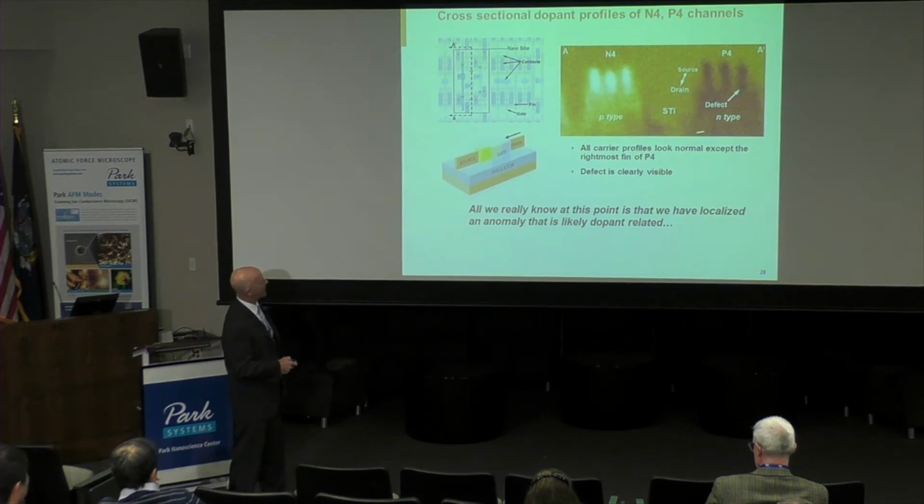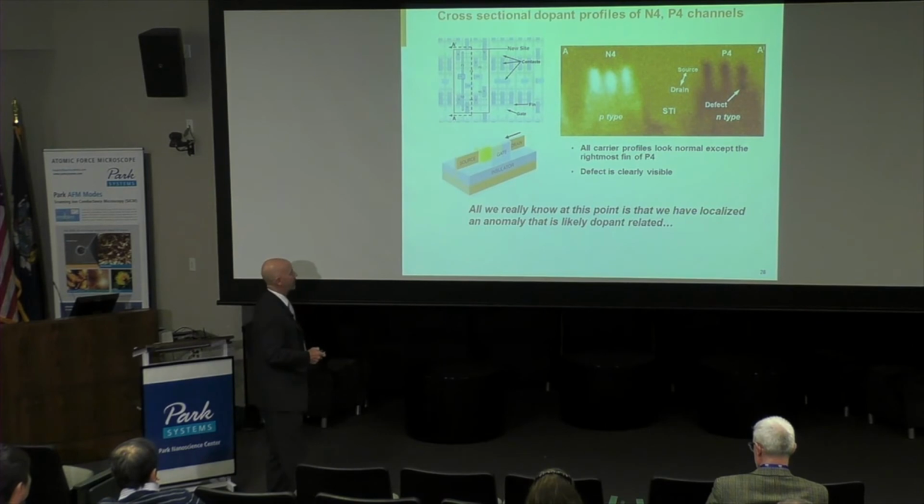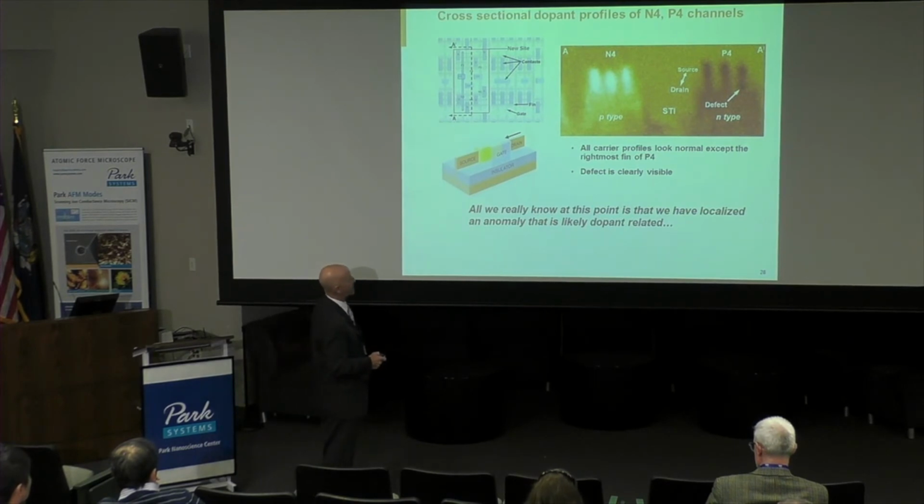What we're looking at here is the dopant profile of the two adjacent devices. And this was the one that was problematic right here. You can see here are our fins, N-type silicon, because it's a PFET. And if you look at our NFET, it looks perfect.